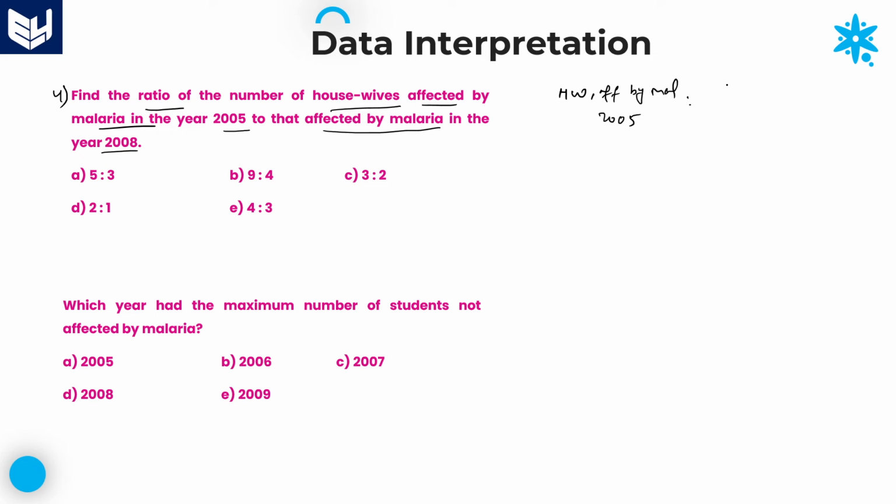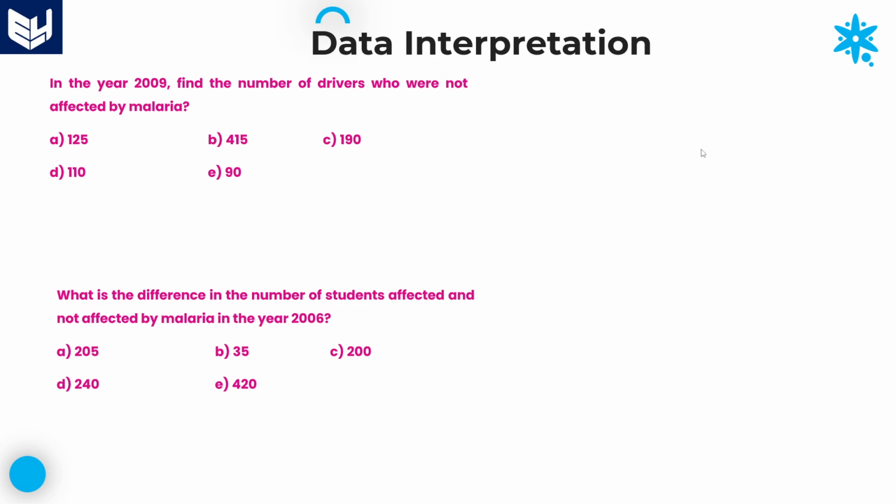It means we are talking about housewives only. This is the ratio that you need to calculate. 2005 housewives and 2008 housewives who are affected by malaria.